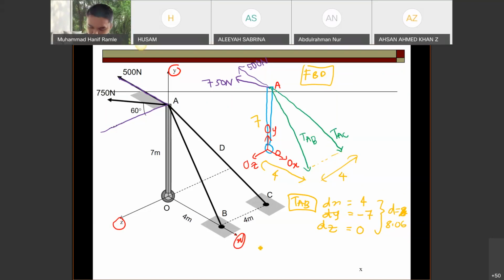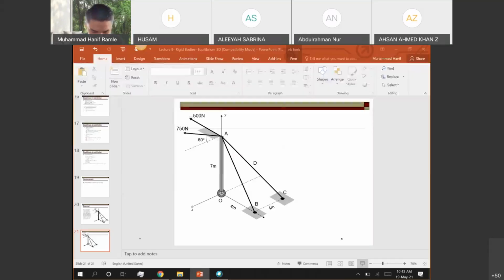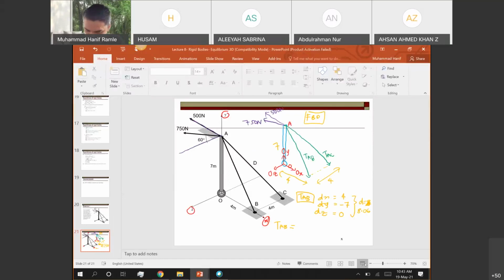Okay, then you can write the TAB in terms of IJK form.